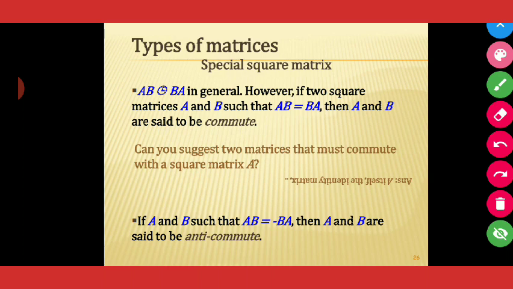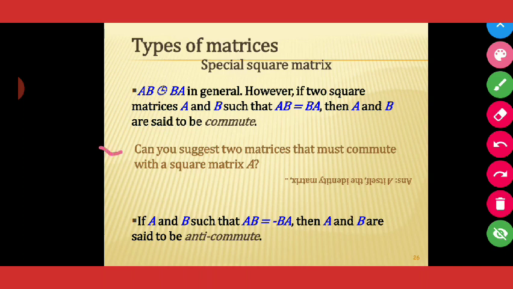We know AB is not equal to BA in general. However, if two square matrices A and B are such that AB = BA, then matrices A and B are said to commute, or follow the commutative property.